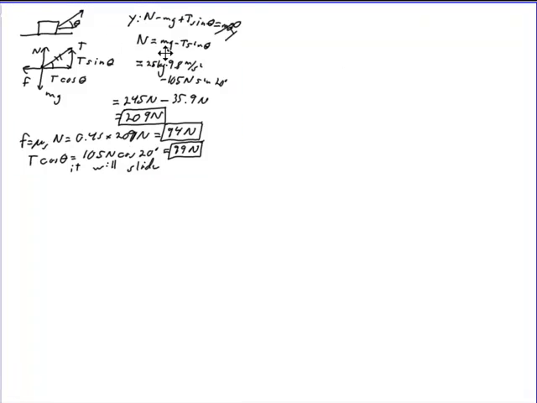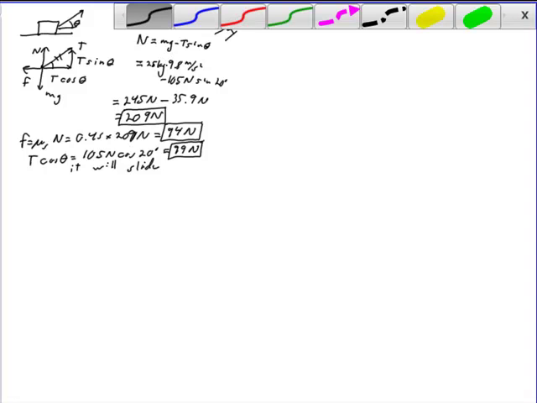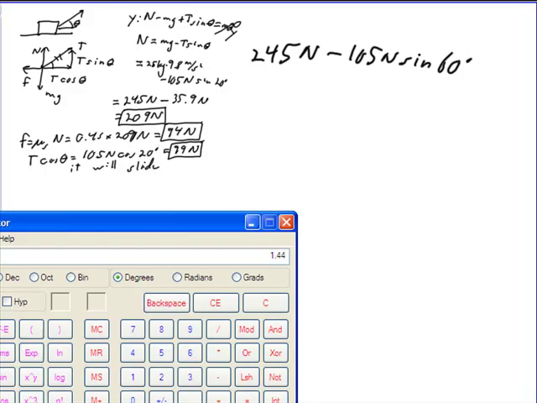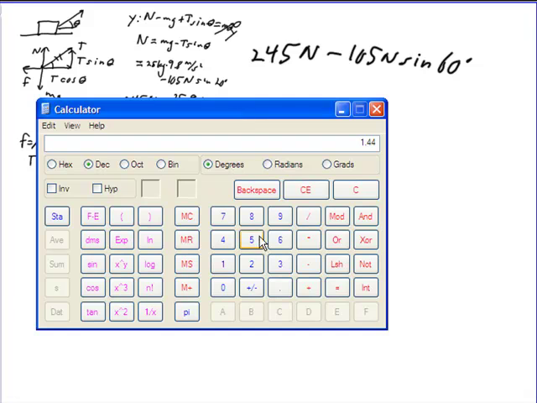This formula for the normal force is still correct. The numbers are not, but it's similar. So I still have 245 newtons minus 105 newtons times the sine of 60 degrees now. So it's going to be a significantly smaller normal force. So 105 times sine 60.